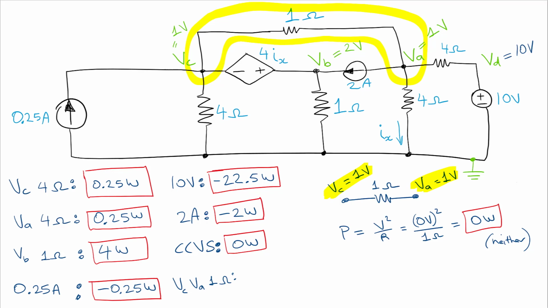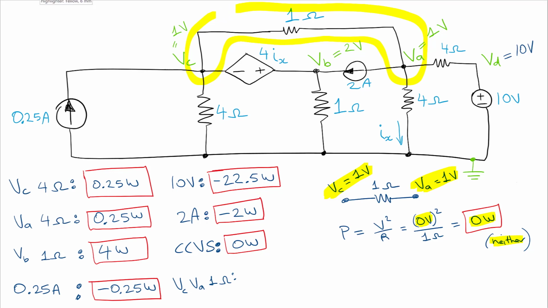So that's interesting because there's 0 volts across that resistor because both ends of that resistor are the same. Okay? So if we plug into our power formula, V squared over R, we get 0 volts divided by 1 ohm, and that gives us 0 watts. So this element is neither absorbing nor delivering energy to the circuit. So we could remove that as well.